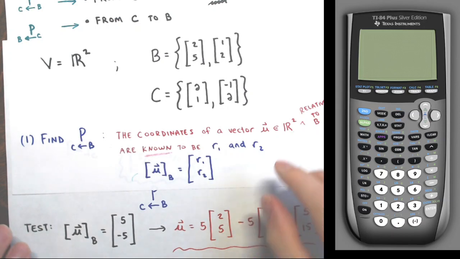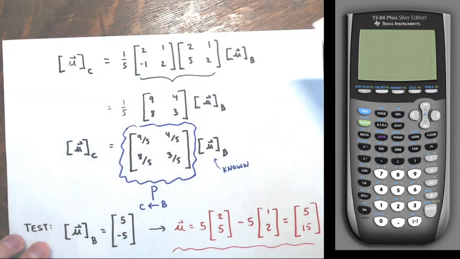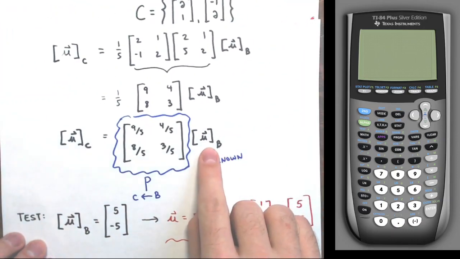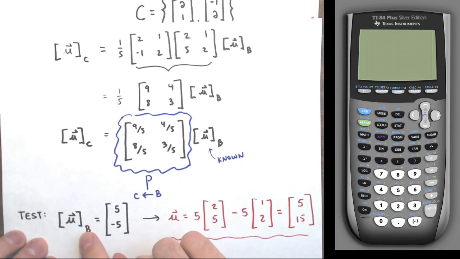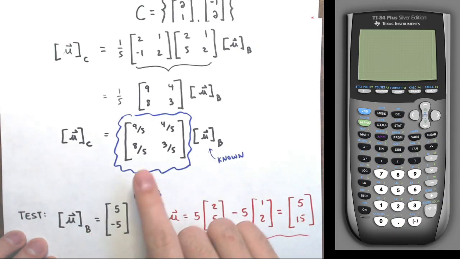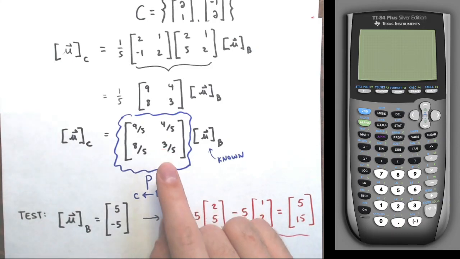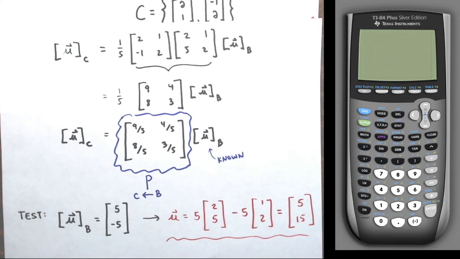Now I'm going to multiply my coordinate vector with respect to basis B by this transition matrix, or change of coordinates matrix, that I just found, and let's see what we get.